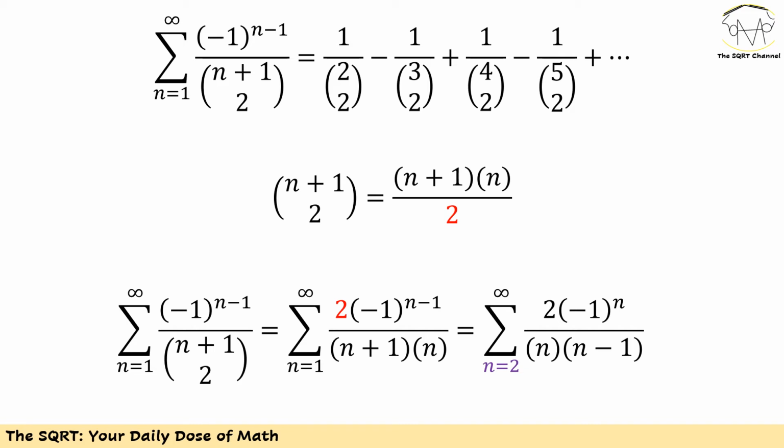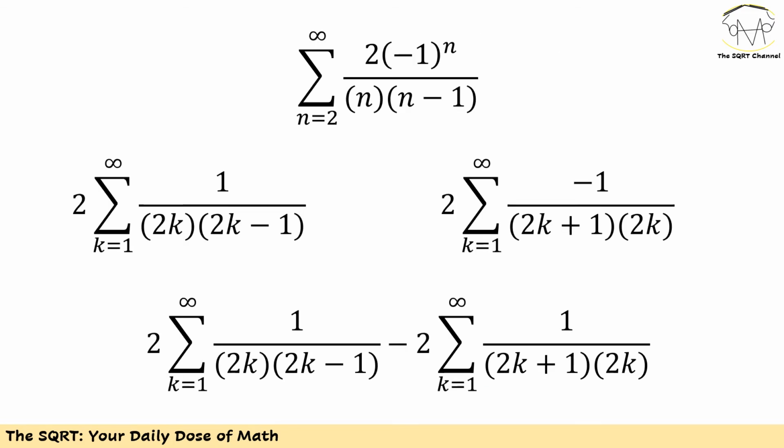The rest is easy. Now I have an infinite sum series. The point here is I have negative 1 to the power of n, and we know that it's going to be 1 if n is even and negative 1 if n is odd. So I'm going to replace this infinite sum series with two infinite sum series.